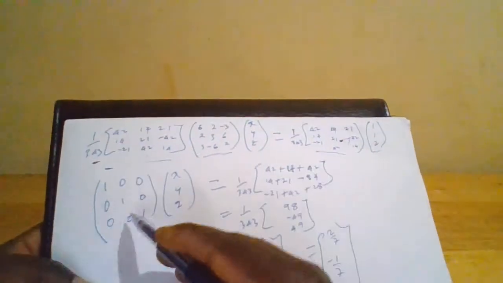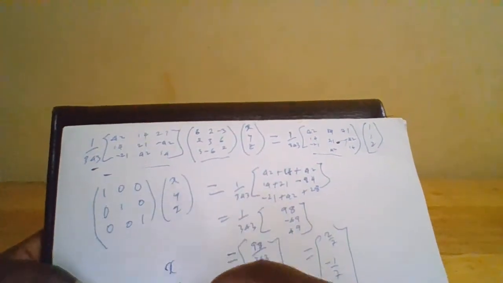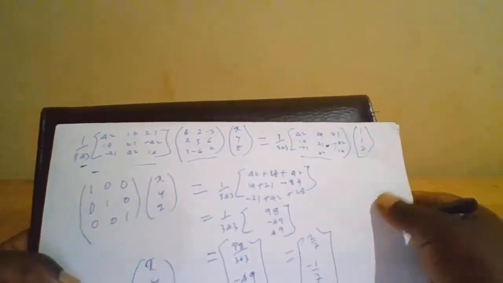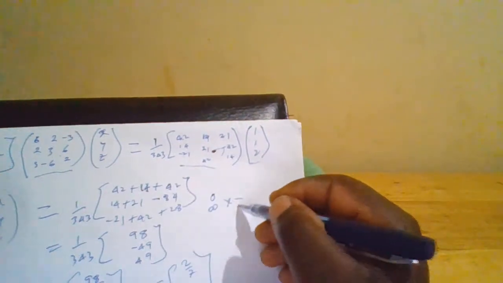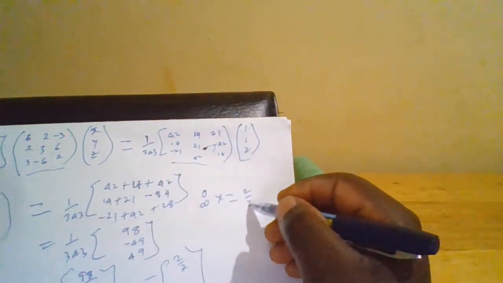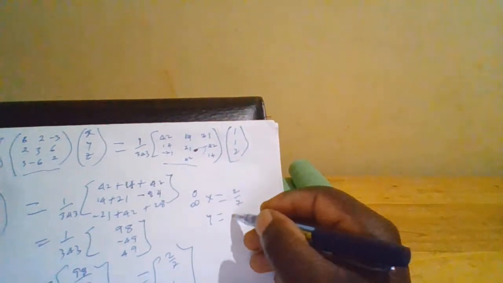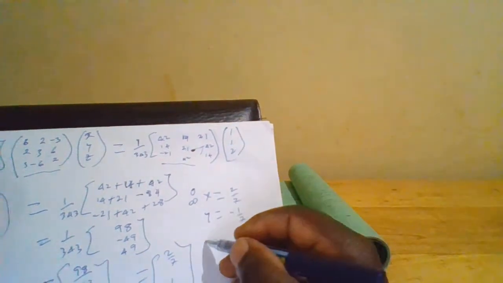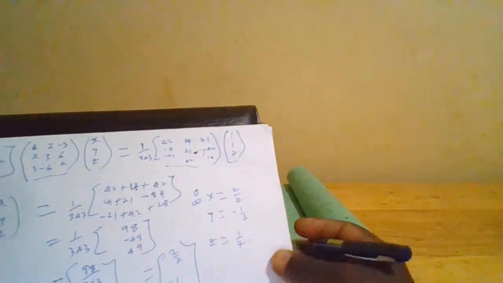So remember, when you multiply this unit matrix with this, you remain with x, y, z. Therefore, x equals 2 over 7, y equals negative 1 over 7, z equals positive 1 over 7.